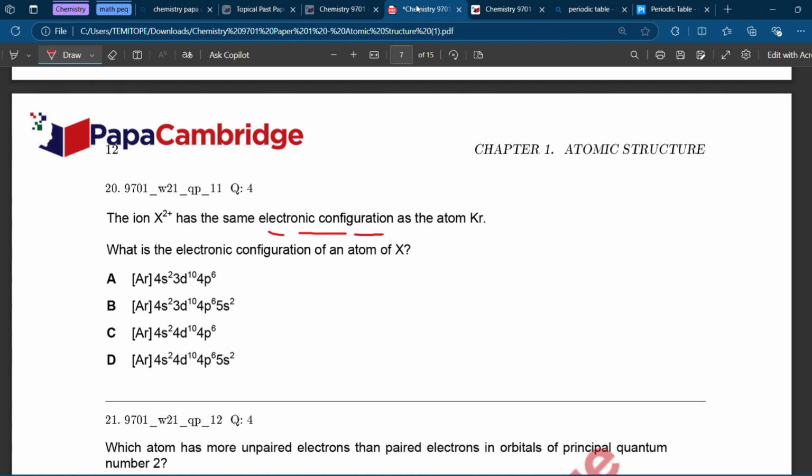Now, element X has the same electronic configuration as Kr. What is the electronic configuration of element X? They said it has the same electronic configuration as krypton, so you look at where krypton is on the periodic table. Krypton is 36. So that's argon ending with a p6.